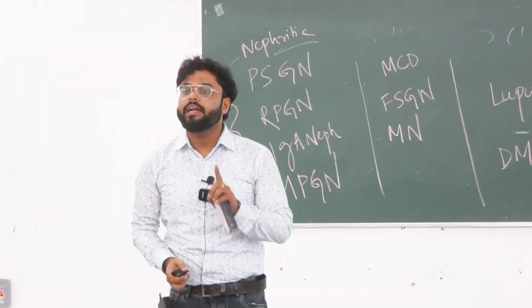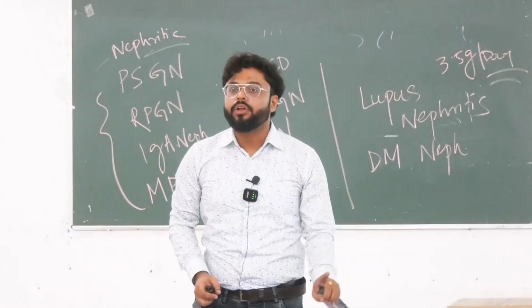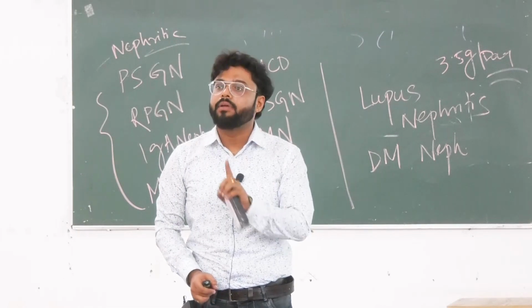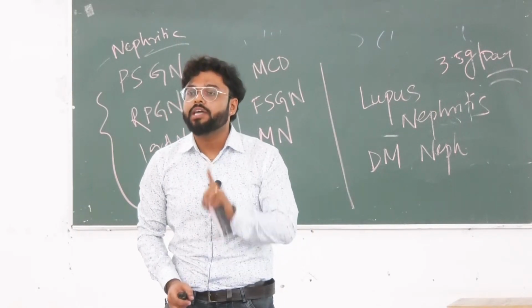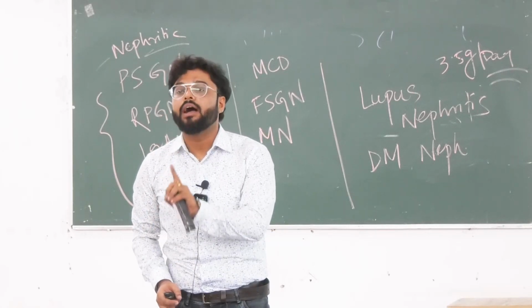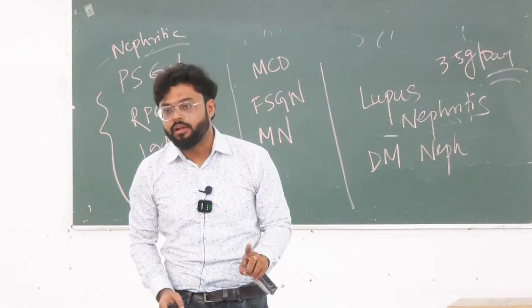Selective proteinuria of more than 3.5 gram per day is a feature of nephrotic syndrome. Remember this for your whole life.